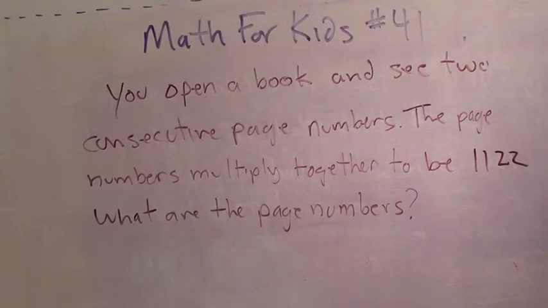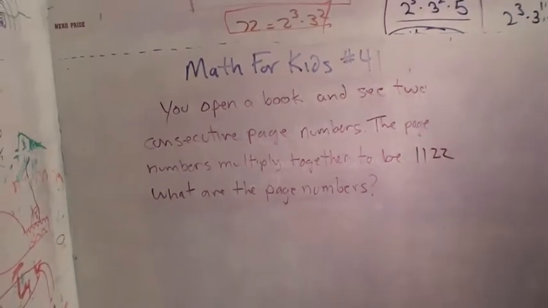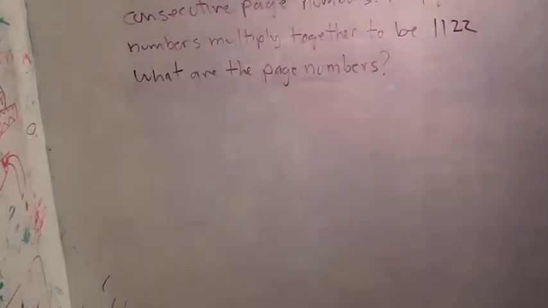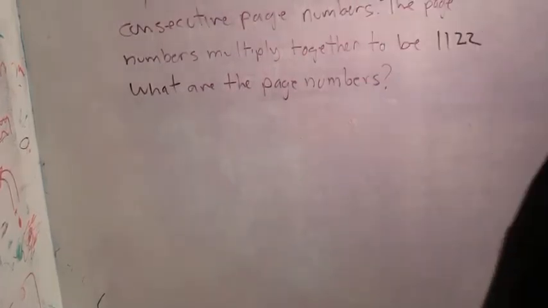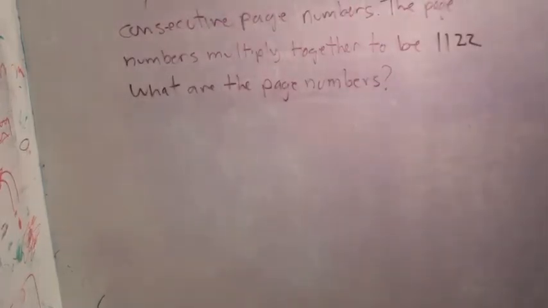So the two page numbers multiplied together give you 1122. What are they? Well, we don't have any limit. Go ahead and think about how you're going to think through this. We could call the numbers x and y. We know that x is going to be the lower one.